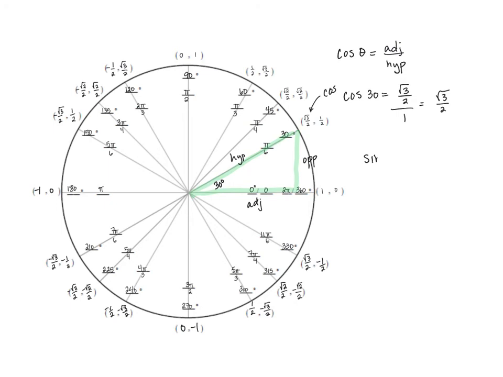Sine value is found by the opposite, so the 1/2 over the hypotenuse, which is just 1/2. So the sine of 30 equals 1/2. So what we also find is that all of our y values are the sine values.